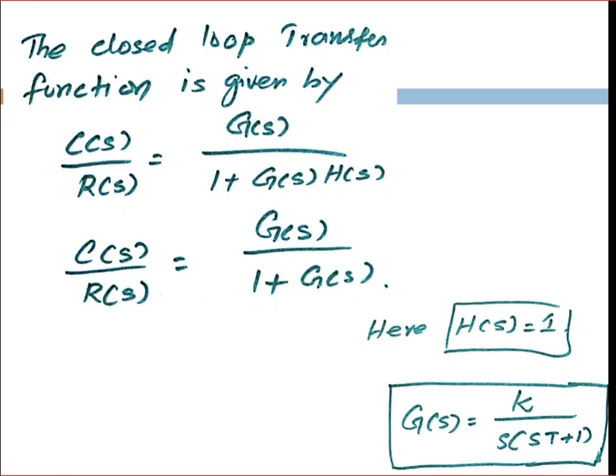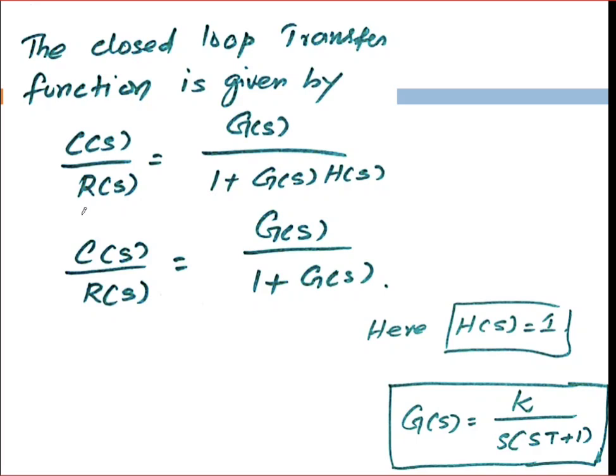You know how to find it. For all problems, the first step is to find the closed loop transfer function if only the open loop transfer function is given. If they have directly given the closed loop transfer function, then we don't need to follow these steps; directly we can use the formula to find the parameter values.